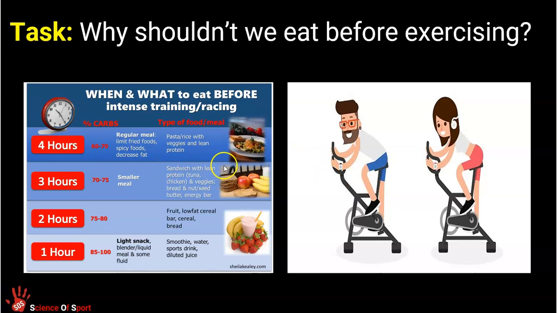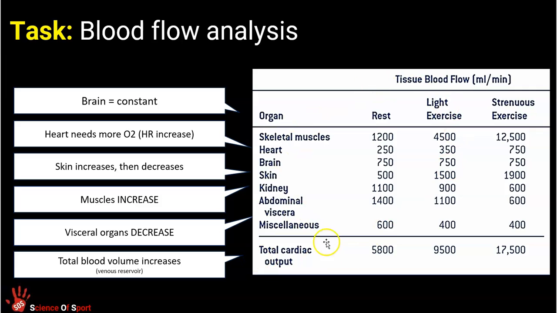But underpinning this is the ability that our body has to divert or distribute blood from one place to another. You need to understand where blood goes at rest, where blood goes in exercise, and which vessels control this and how this happens. So let's have a look at this table on the right here.